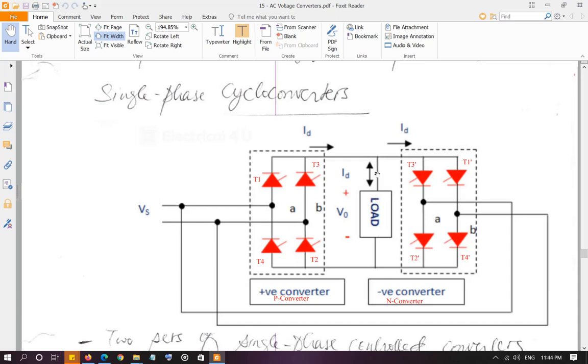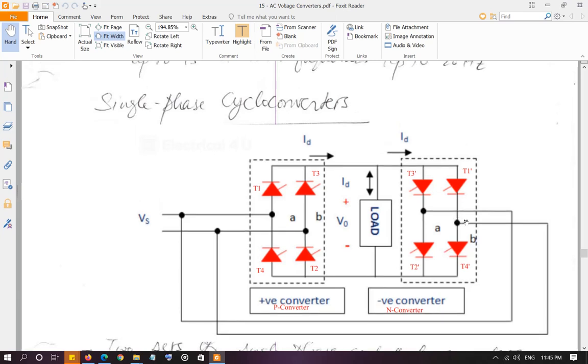That means the voltage induced is going to be in the opposite direction, bottom to top. Then T1, it is on, or it is conducting, right? And then go to this node, go back and to the negative Vs. So the positive cycle of the input becomes negative at the output when T1 dash and T2 dash were fired, right?